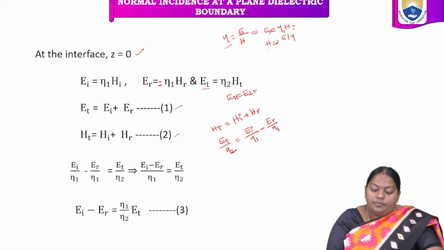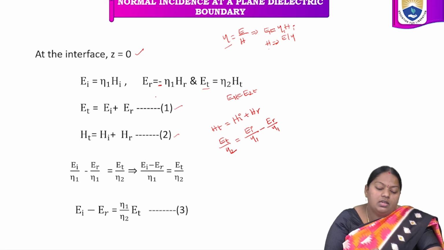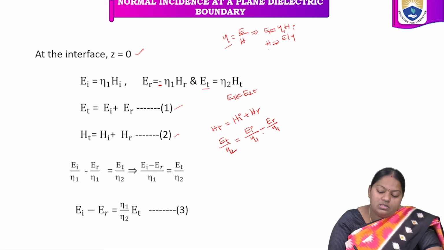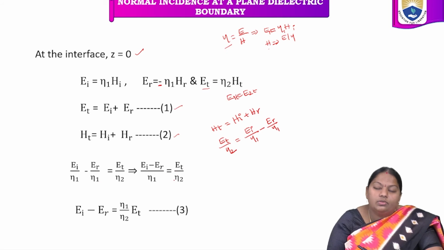Why does the minus exist here? Because in medium 1, the incident wave and reflected wave exist. The incident wave is traveling towards the boundary and the reflected wave is traveling away from the boundary. The two directions are opposite, hence that opposite is represented with a negative sign. Right? So EI by eta 1 minus ER by eta 1 is equal to ET by eta 2. Right? So to simplify that equation, eta 1 is common, then EI minus ER equal to ET by eta 2.